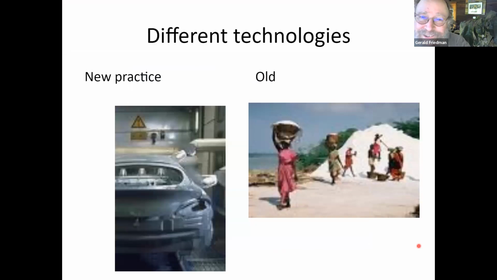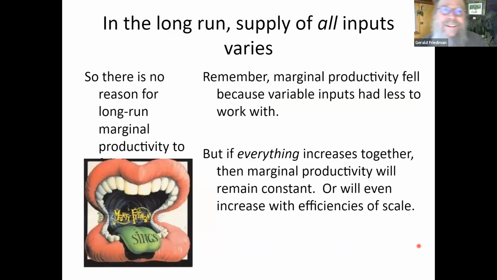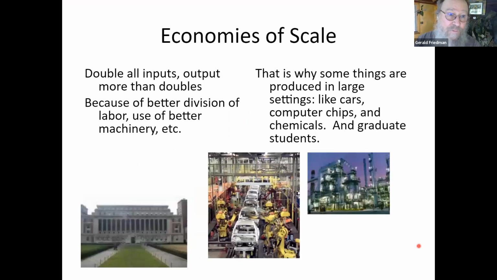Old technology, new technology. Okay. Remember, in the long run, marginal productivity falls for everything. And supply curves slope down, not up. And ways to scale another way.